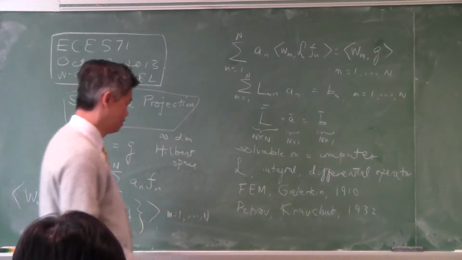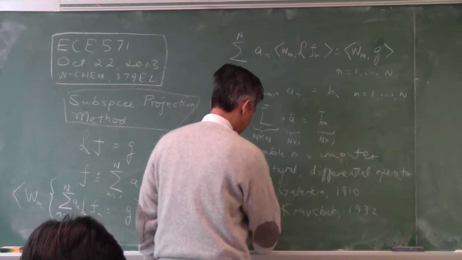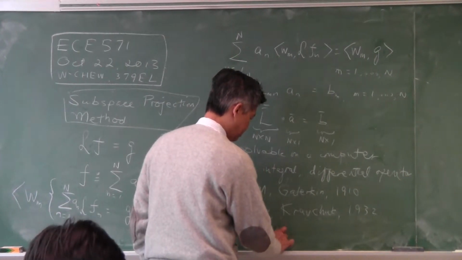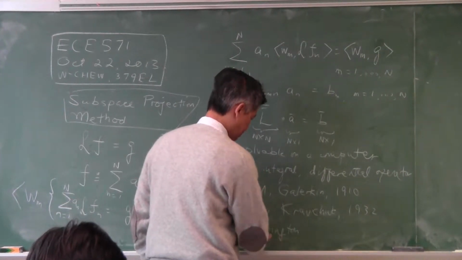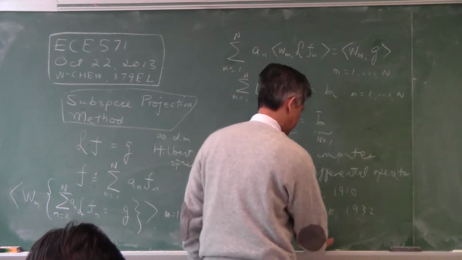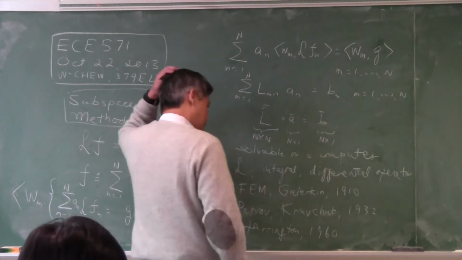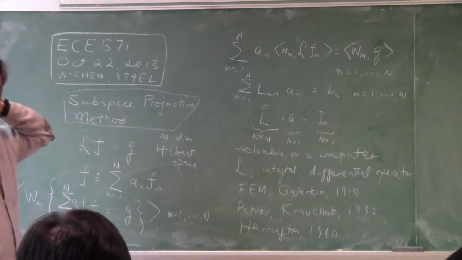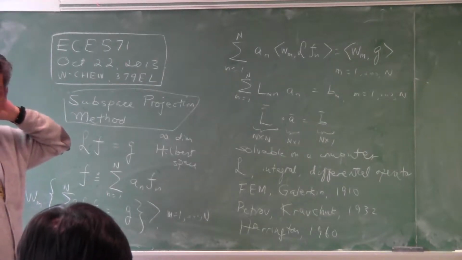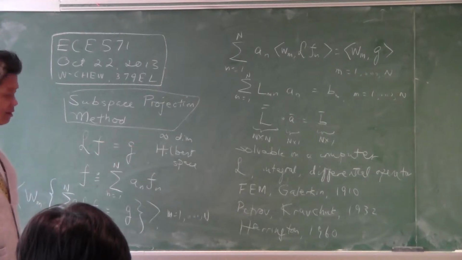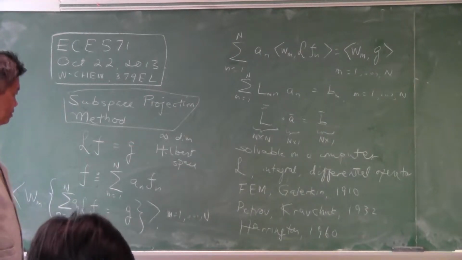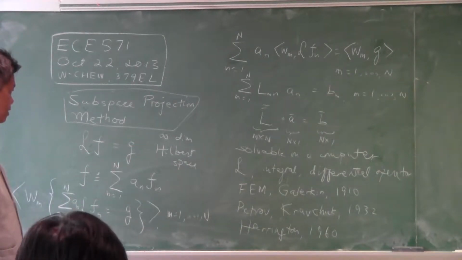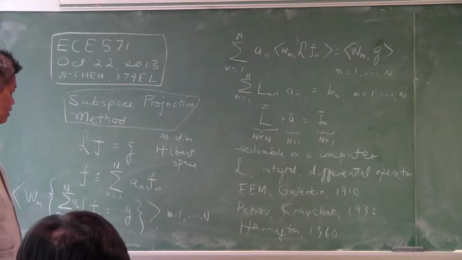And then in the 1960s, we had people like Harrington taking up such an idea in the US. Because by the time 1960 comes, computers are quite important, and we can do a lot of these things on computers, and this method becomes of great interest.